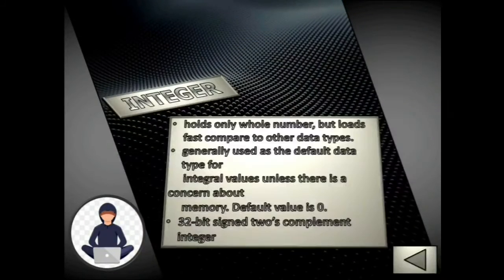Integer holds only a whole number but loads fast compared to other data types. Generally used as the default data type for integral values unless there is concern about memory. Default value is 0. 32-bit signed two's complement integer.